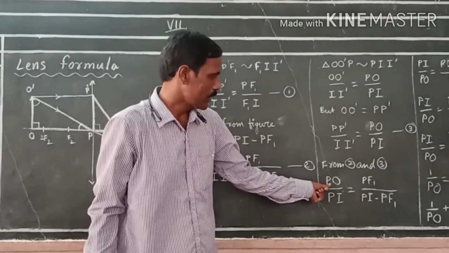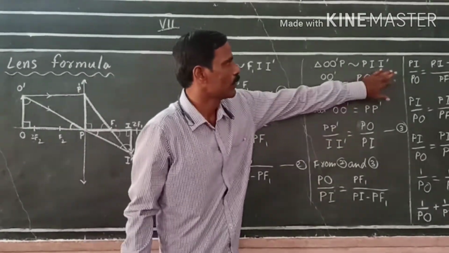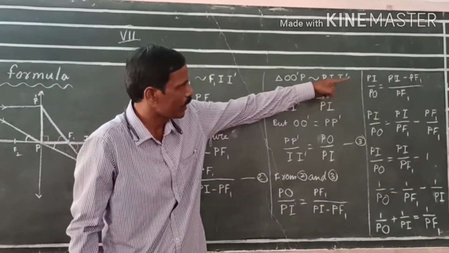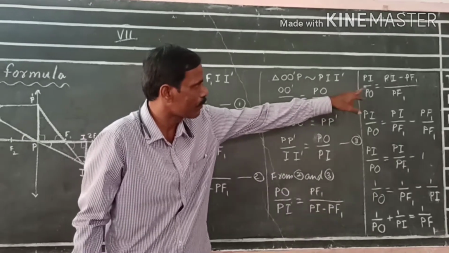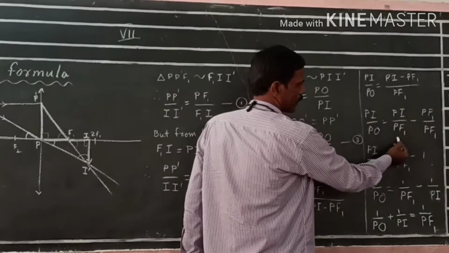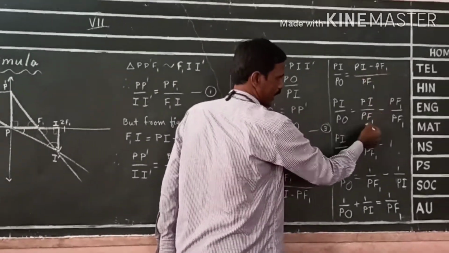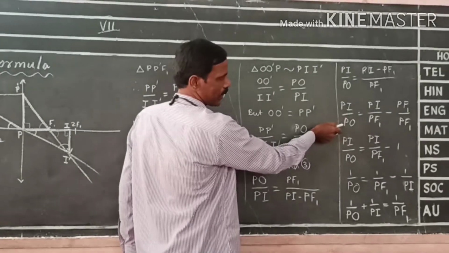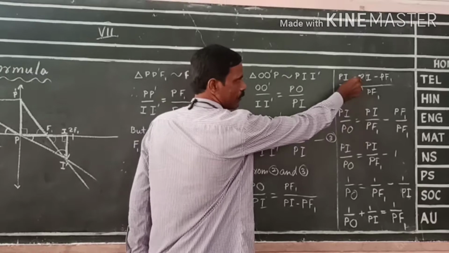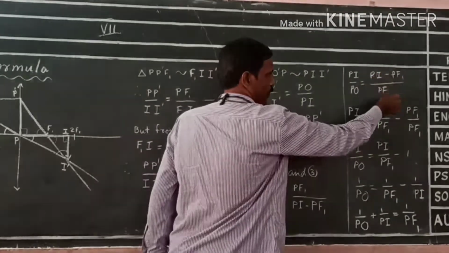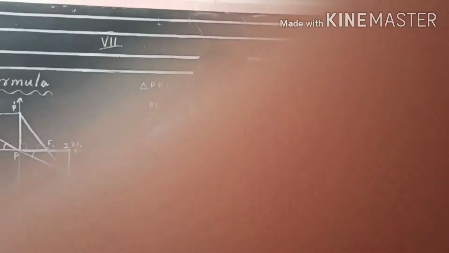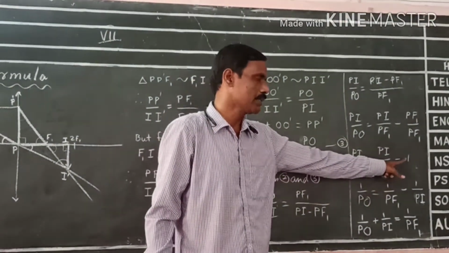Now, by reciprocating these fractions, PI/PO is equal to (PI minus PF1)/PF1. Separating the denominator, PI/PO is equal to PI/PF1 minus PF1/PF1, so PI/PO is equal to PI/PF1 minus 1.